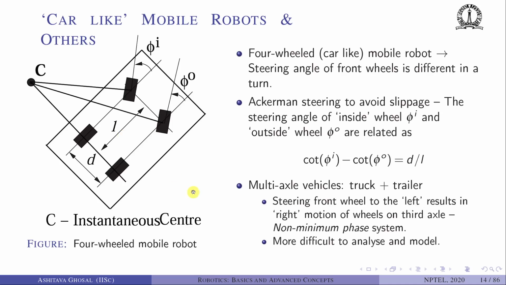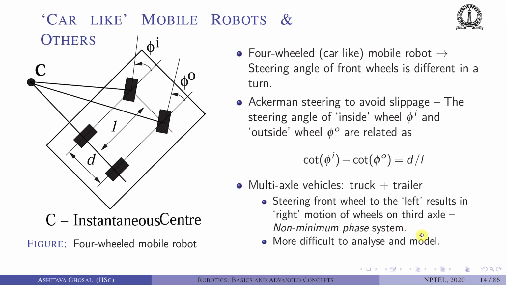If you have multi-axis vehicles like a truck and a trailer, the steering of the front wheel to the left results in the right motion of the wheels of the third axle. If you think about a driver driving a truck with a trailer, if the front wheels are moved to the left, the rear wheel will move in the opposite direction.